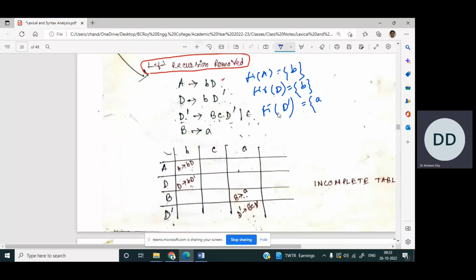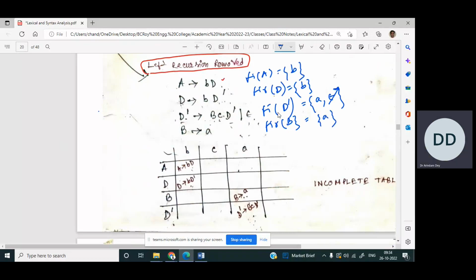Also, it will contain first of D dash as epsilon, because another production is there, but here I can write it or I may not write it, that depends on me. Later I can discard it. So initially I'm discarding it. And first of B is a small a, correct?